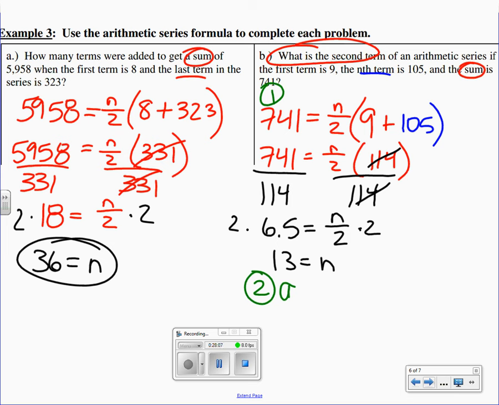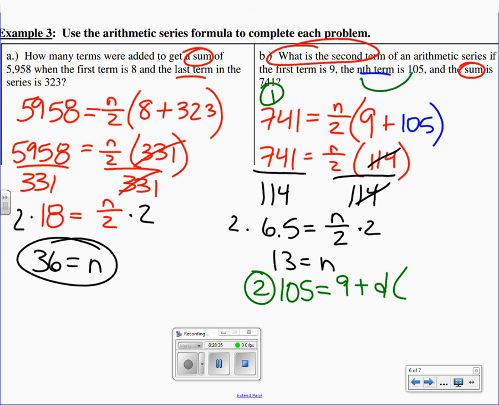What would I put instead of AN? Instead of AN, I could put in 105. Very good. I could put in 105, to help me find D. All right, what goes in for A1? 9. I still don't know D. That's why I'm doing this. Okay, 105.